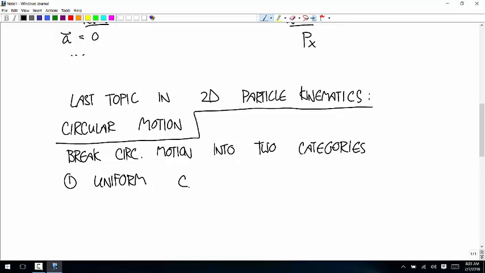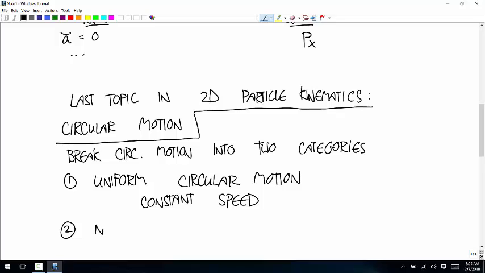Okay, uniform circular motion is circular motion with a constant speed. And then the other kind is just non-uniform circular motion, where the thing is either speeding up or slowing down.